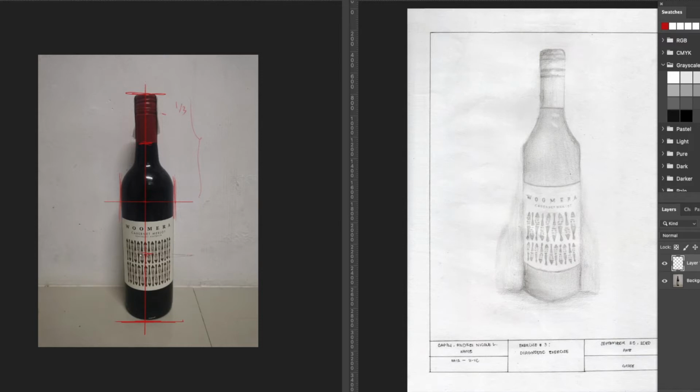Okay. So this is important. You're measuring things, you're figuring things out. So once you've done these measurements, let's take a look at how it was translated here. So looking at this whole picture, you have an idea of where you should put certain elements. Okay, let's see what happened here.